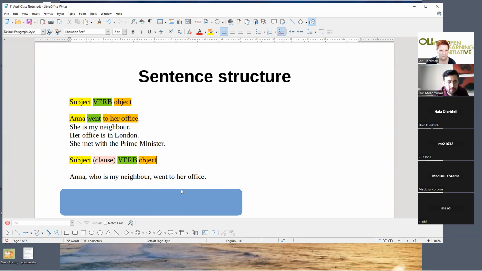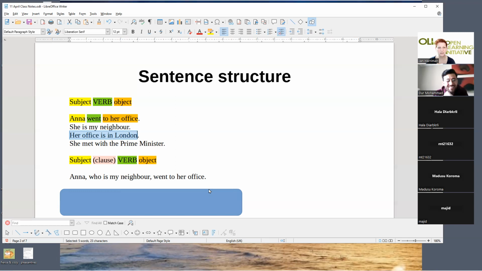All right. How would we add the next one in? How can we add where her office is? Her office, which is located in London, you can say.